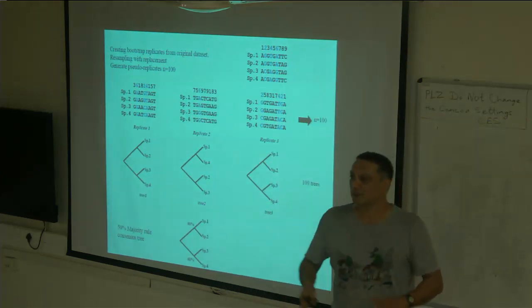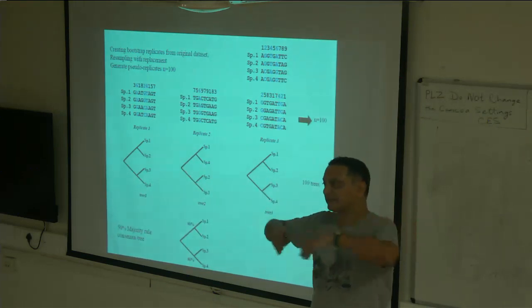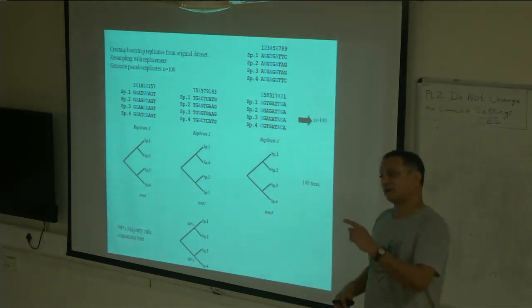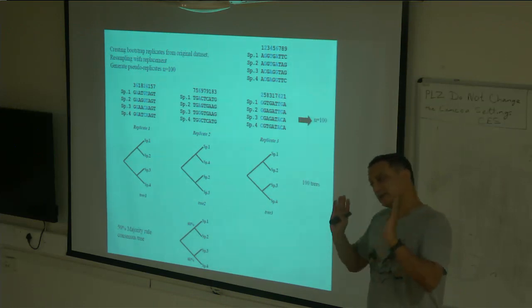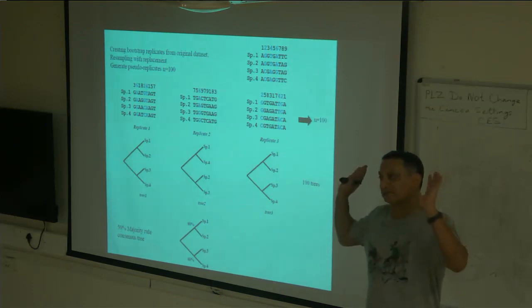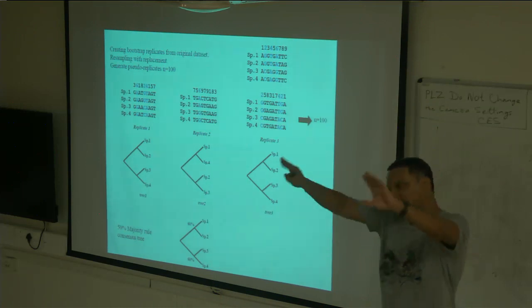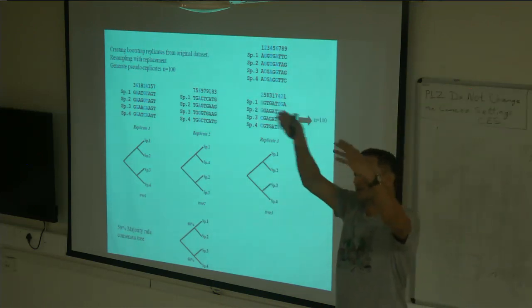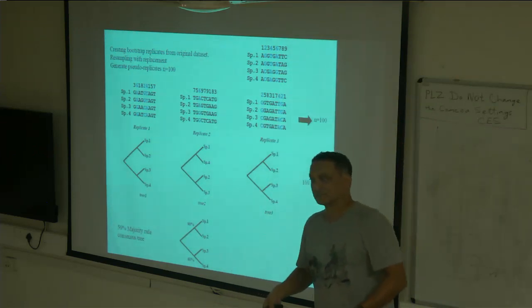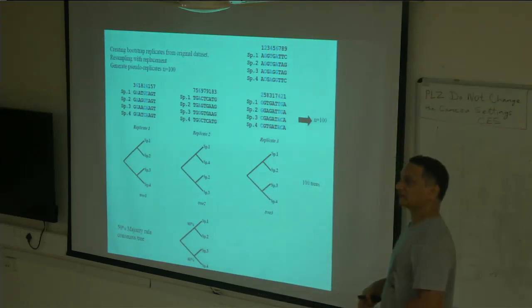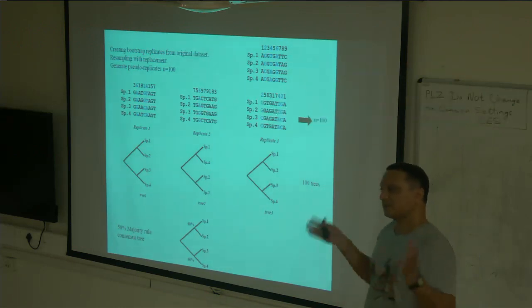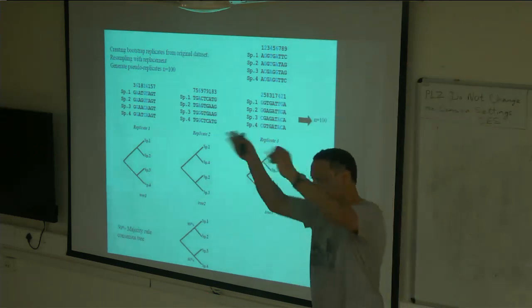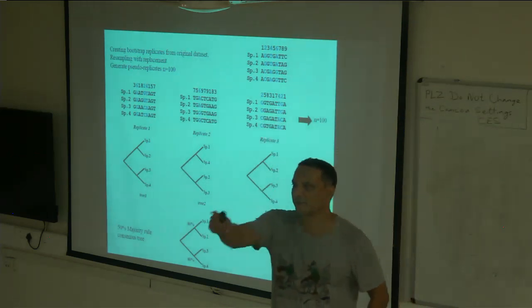But if you have a huge data set, then it makes sense to have more replicates. But remember, each replicate now is a new alignment, and the likelihood tree has to be built for that alignment. That means heuristic search and all that, right? So it's basically like building 100 alignments, 100 independent trees.